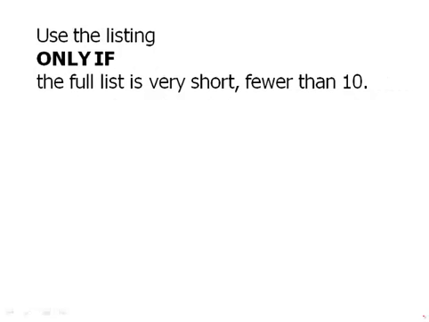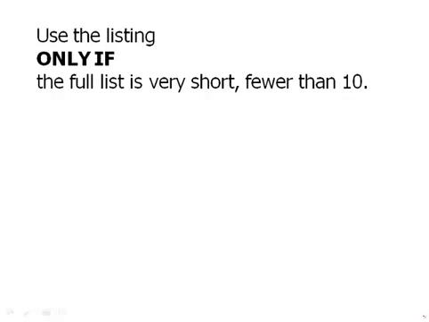Use listing only if the full list is very short, fewer than 10. And we have to be very careful here. If there are any combinations involved, combinations always make the number of choices go way, way up. Suppose we're talking about 5 books, and we're talking about putting the books in order. Well, right away, that's 5 factorial, which is 120. You're not going to list out 120 things.